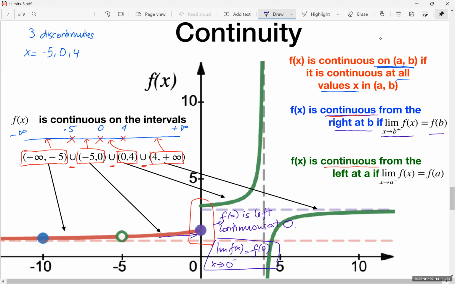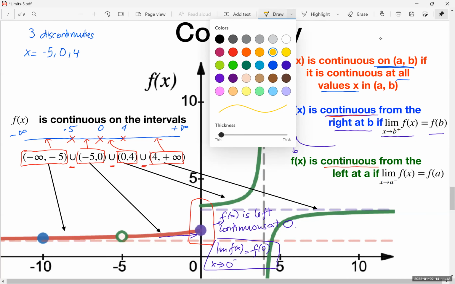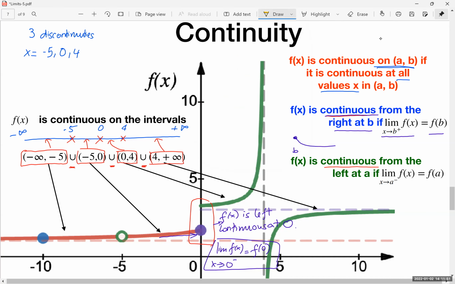You can imagine that if you have the function here, and this is b, right? And the limit of the function f of x as x goes to b from the right goes to here, and this point is also f of b.